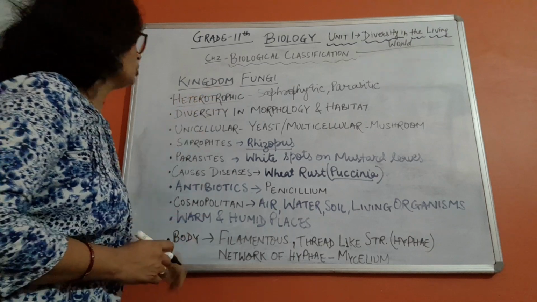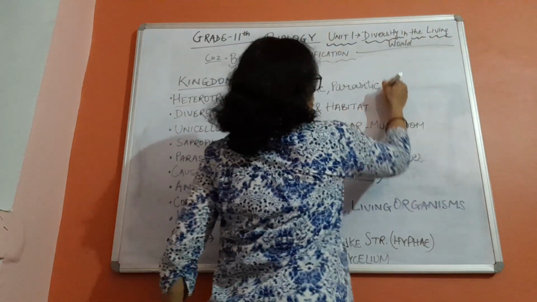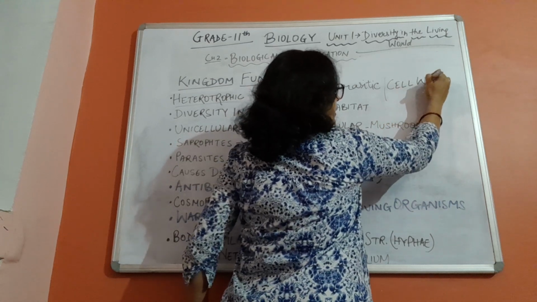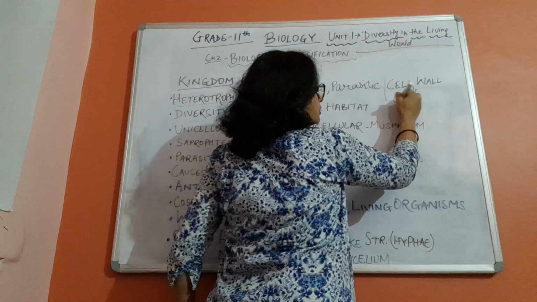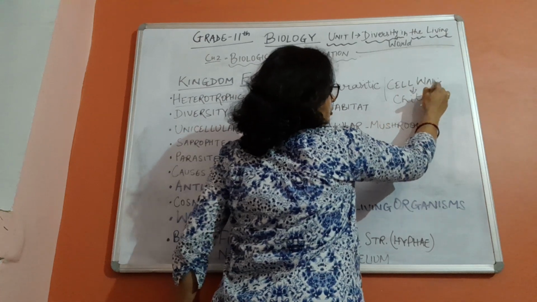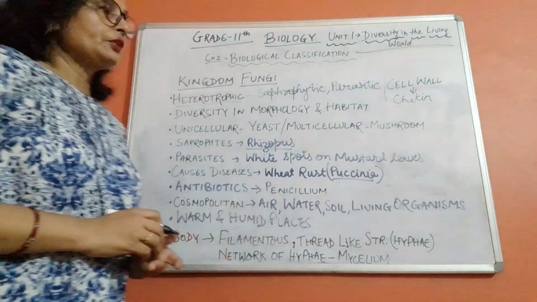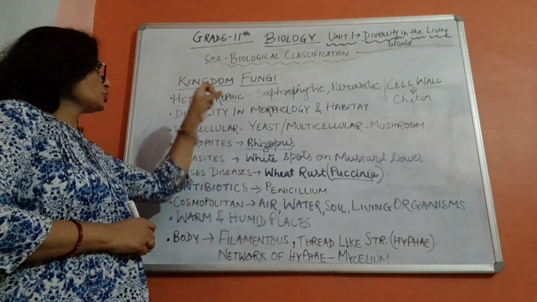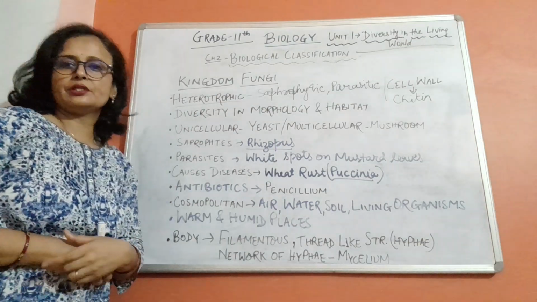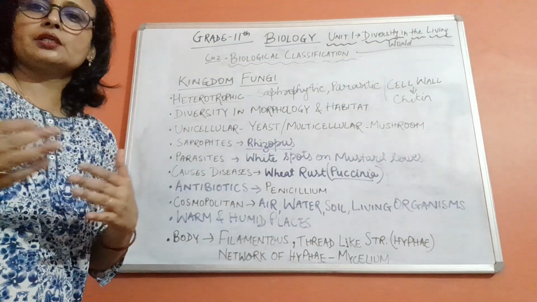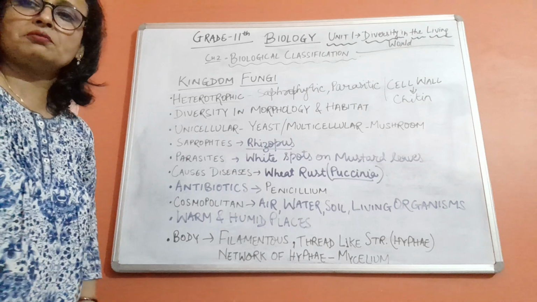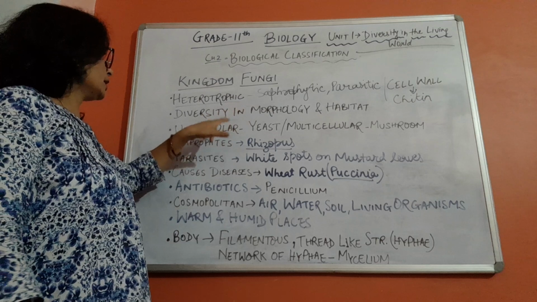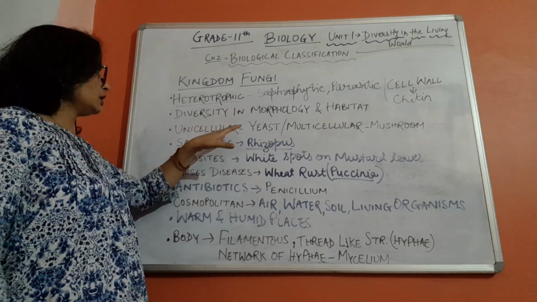And if we talk about the cell wall of fungi, fungi have a cell wall, and that cell wall is made up of chitin. The layer of the cell wall is made up of chitin. Okay, then it shows huge diversity in morphology and habitat. Morphology means structure, external appearance, how the body of the fungi is, we can see how it looks, that is morphology, external appearance.